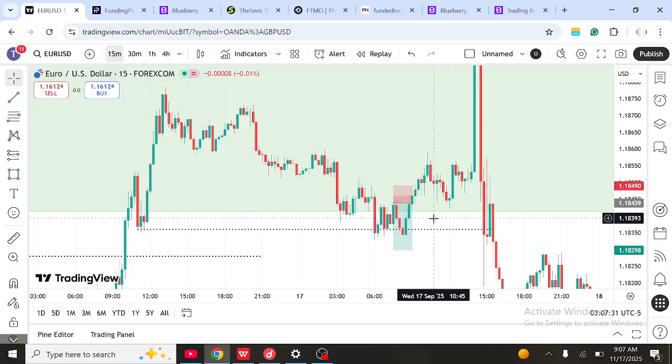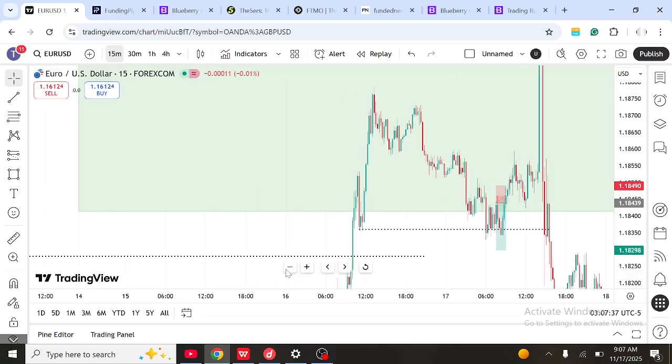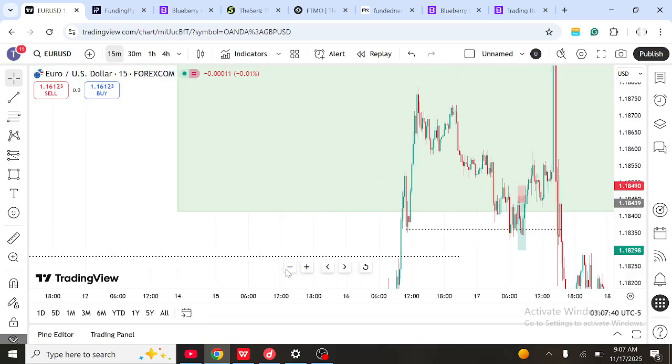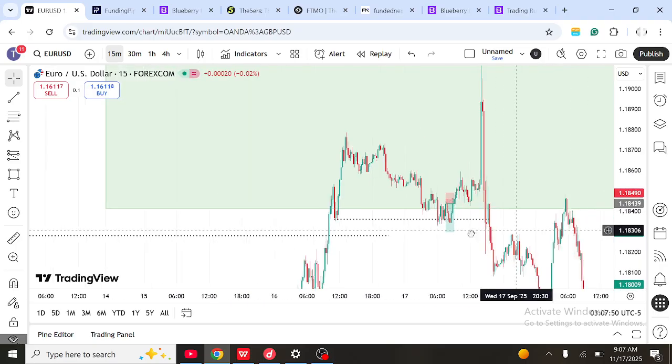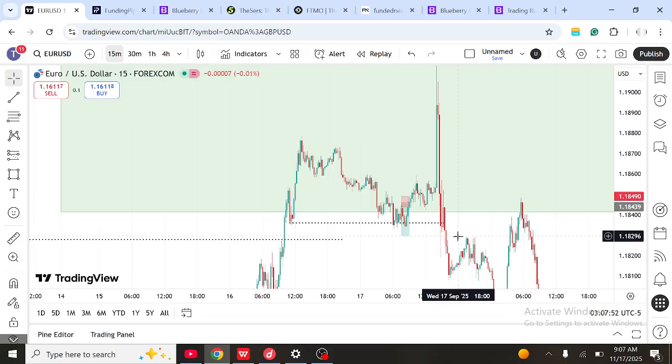I'm not changing the bias. I'm simply waiting for price to do the same thing again, to form higher lows and higher highs, and then I'll look for another change of character. So here we have, let me show you.